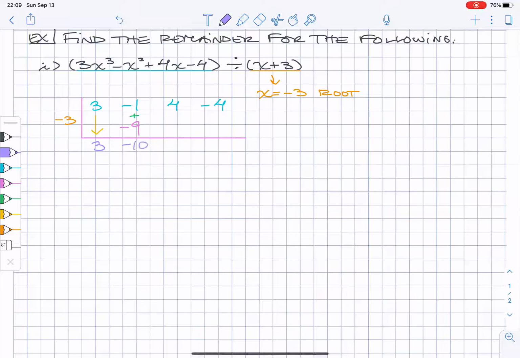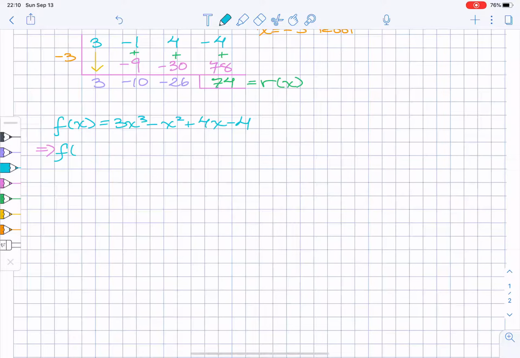So what I'm saying here with the remainder theorem is that for my function, f of x equals 3x cubed minus x squared plus 4x minus 4, that's the remainder. This implies that f evaluated at negative 3 is hopefully going to be 74. But let's see.